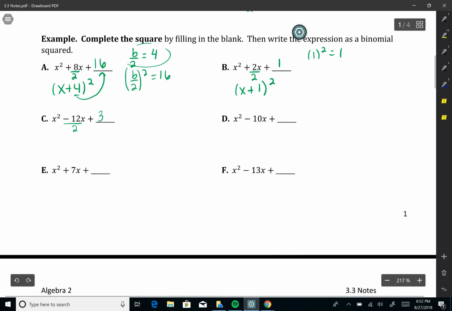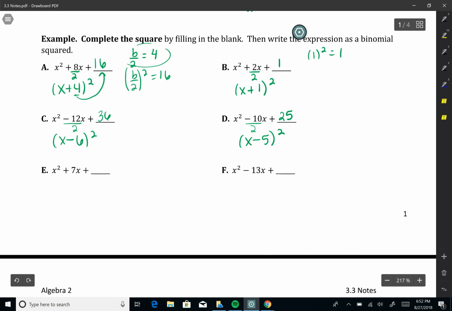If I square that, I get 36. My factor then would be x minus, because I have a negative b term, 6, quantity squared. Then x squared minus 10x: divide negative 10 by 2, that's negative 5. When I square negative 5, I get 25. My factor then would be x minus 5, quantity squared.